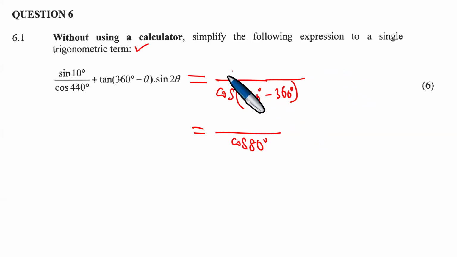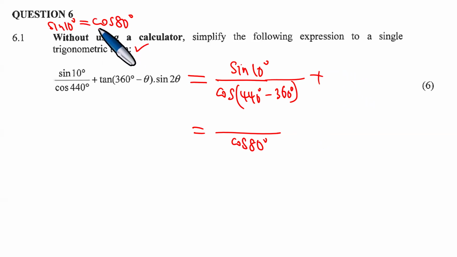Why? Because they are cofunctions. Well done. So sine 10 degrees equals cosine 80 degrees because these are cofunctions, but also 10 degrees and 80 degrees, when you add them, you get 90, and they are called complementary angles.